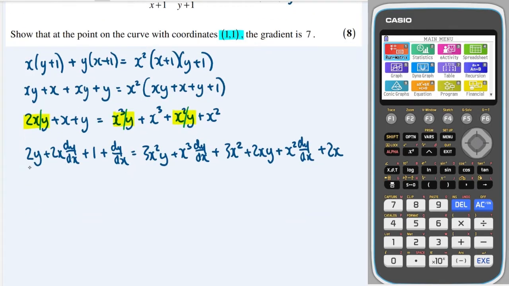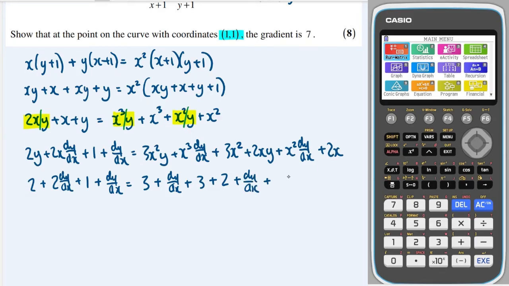So when I sub in 1 and 1, I'm going to get 2 here plus 2 dy by dx plus 1 plus a dy by dx. And we're going to get, this will be 3, this will be dy by dx, this will be 3, and this will be 2, and this will be a dy by dx, and this will be plus 2.